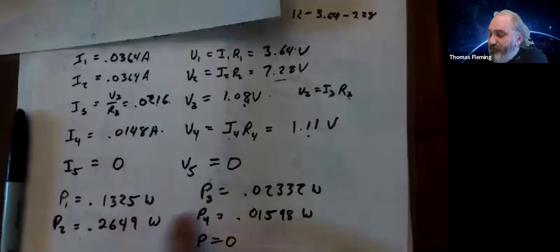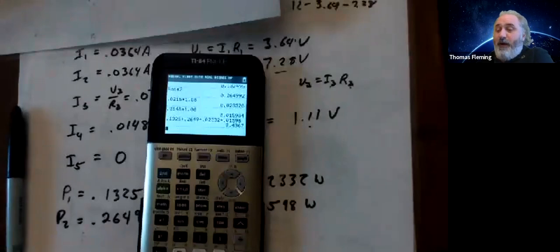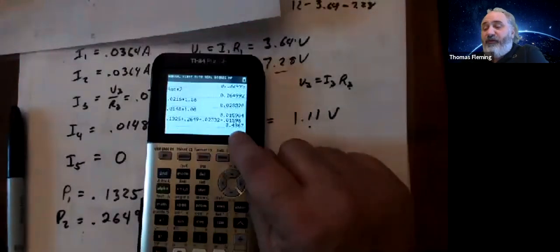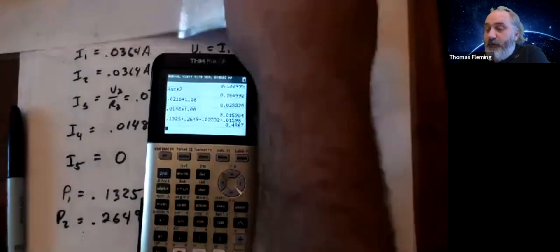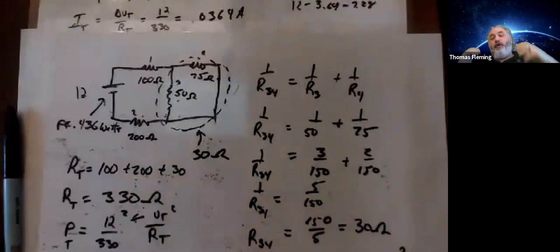And if I take this plus this plus this plus this, so 0.1325 plus 0.2649 plus 0.02332 plus 0.01598, you can see that the amount of power that I get is 0.436. So the total power for all of them added together just happens to add up to what we said the total power had to be to begin with. So yay, math works. Super easy. We can do this in our sleep, right?